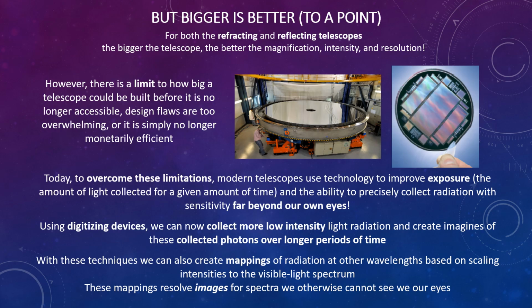Our reaction time is pretty slow compared to how long a camera can leave its exposing instrument open. My camera from my telescope can record for up to 30 seconds. And I know that when I look at something with my eyes, I'm only getting these individual snapshots one after another. I can't leave my eyes open for 30 seconds and see something as more intense than before.